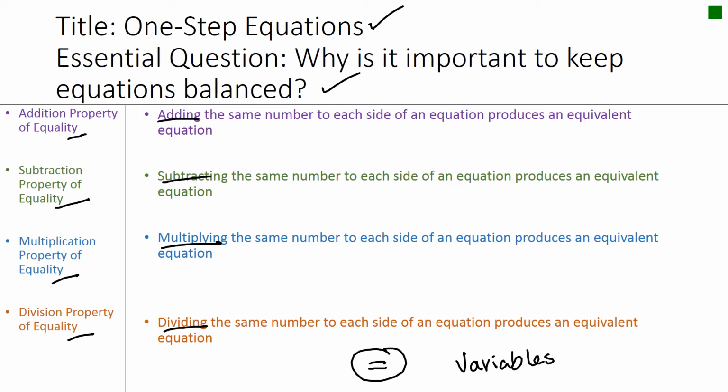What you do to one side of that equal sign, you have to do to the other. If you add 1 to one side of the equal sign, you have to add 1 to the other. If you multiply by 1 on one side, you have to multiply by 1 on the other side. It's that balance, equality.